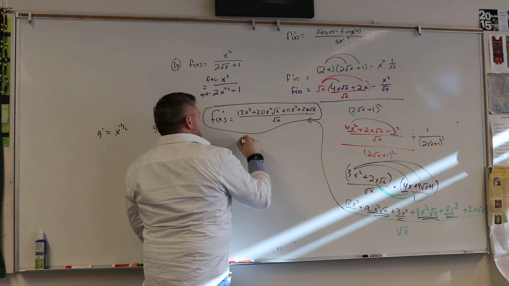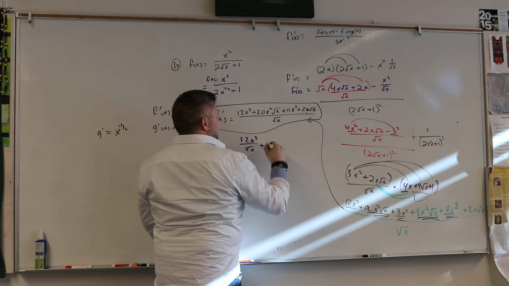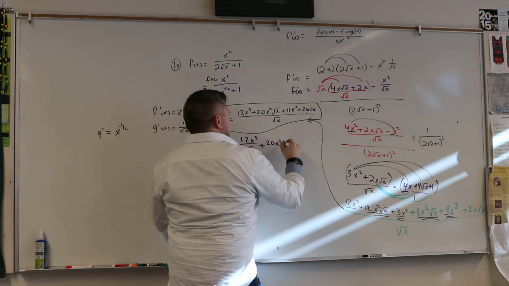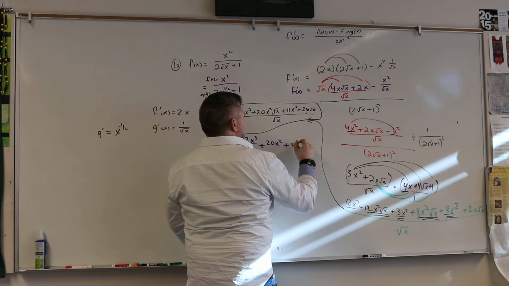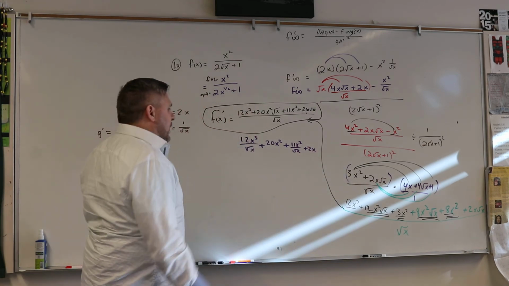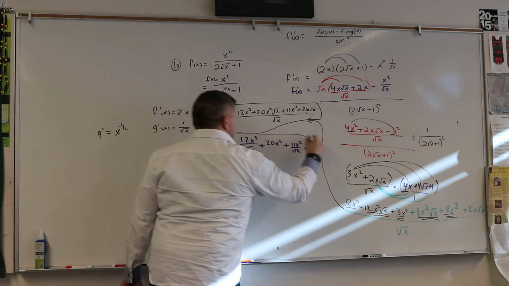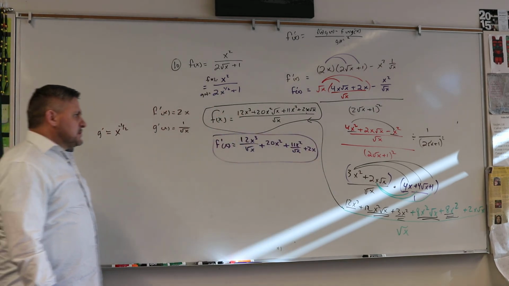Another way you could write it is 12x cubed over x square root of x plus 20x squared plus 11x squared divided by the square root of x plus 2x. I mean, either way, they're the same. Does that make sense? Okay.